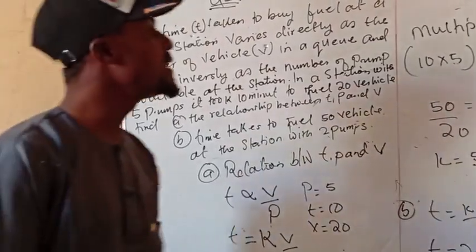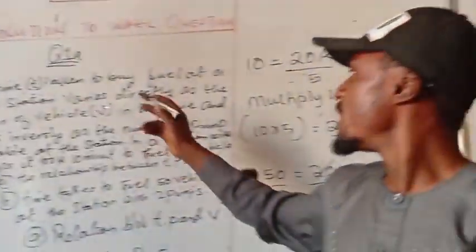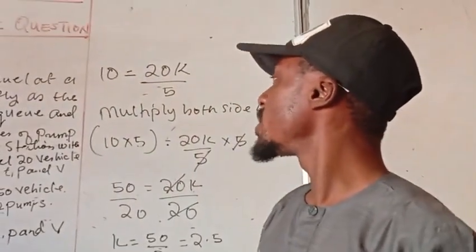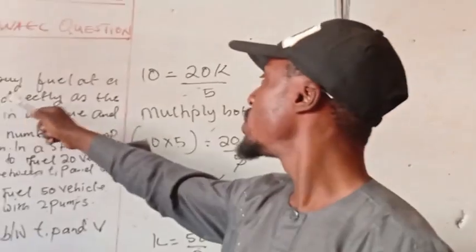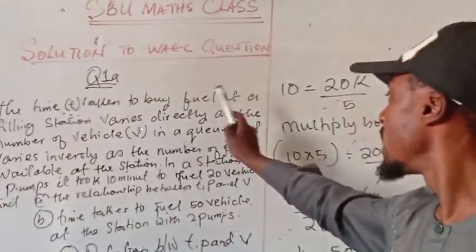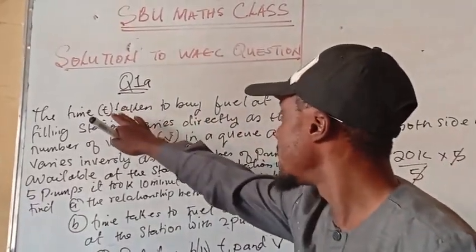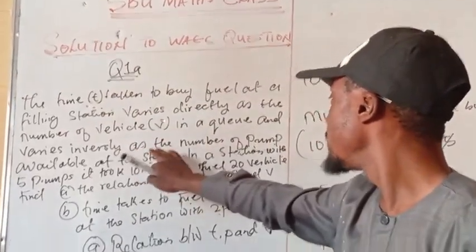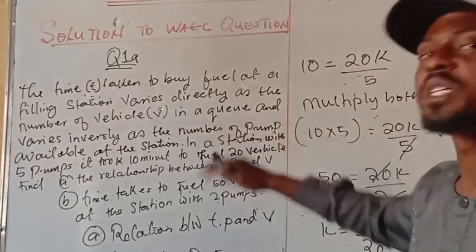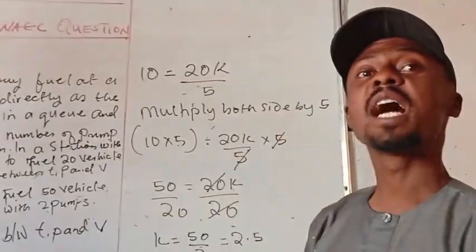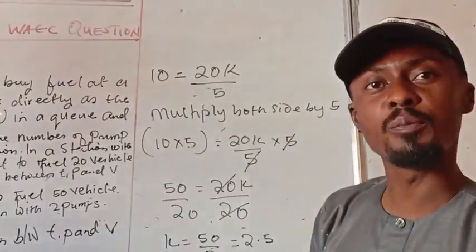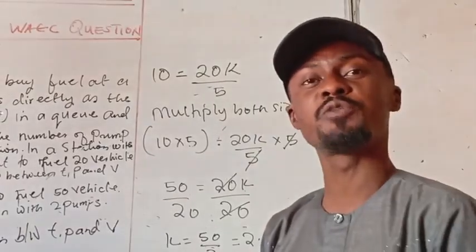What this question is telling us is that in a filling station, if the time taken to fuel a vehicle is symbolized by the letter T and the vehicle by V, it is inversely proportional to the number of pumps. We all know that in a filling station there is a relationship between the number of pumps, because it is the pumps that fuel those vehicles.